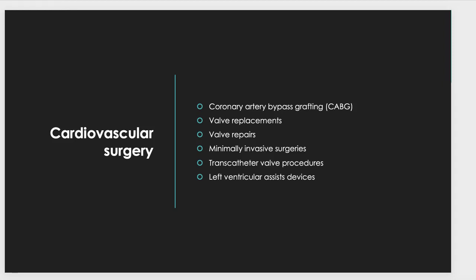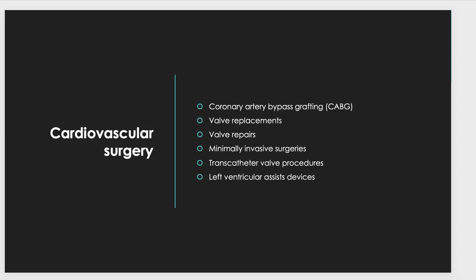These are procedures that patients may have done to repair an abnormality of the heart structure, a coronary artery bypass grafting surgery, a procedure where the surgeon will bypass a blockage in the heart arteries to help with perfusion. Patients can have valve replacements or valve repairs.